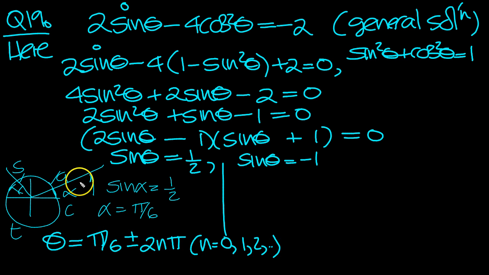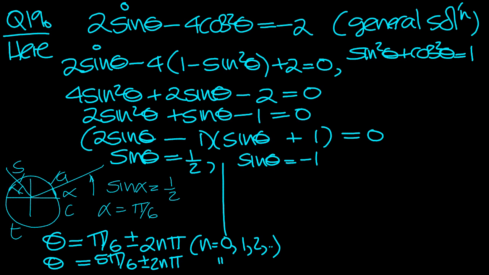So that's that set for that point there. The other one is equal to pi minus pi over 6, so that's 5 pi over 6, isn't it? Plus or minus 2n pi. Again for the same values here. So there's that solution set as well.